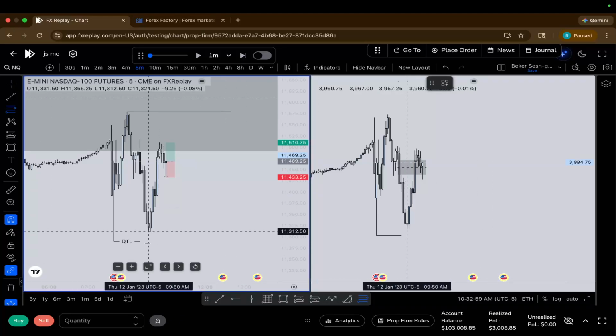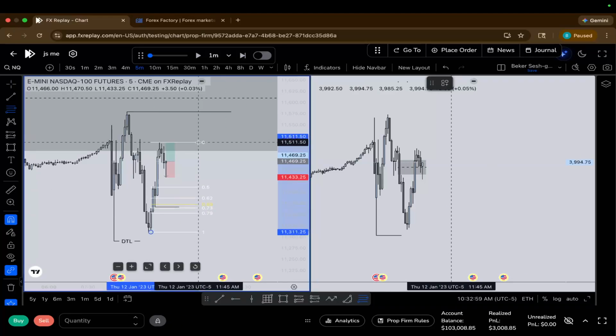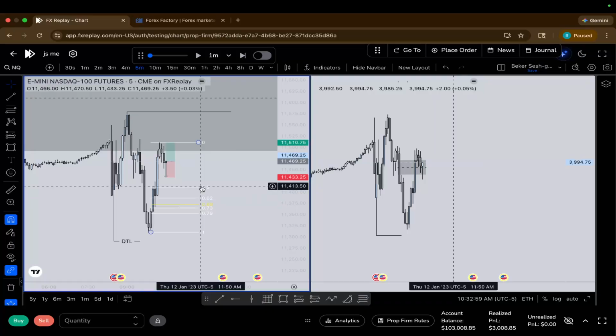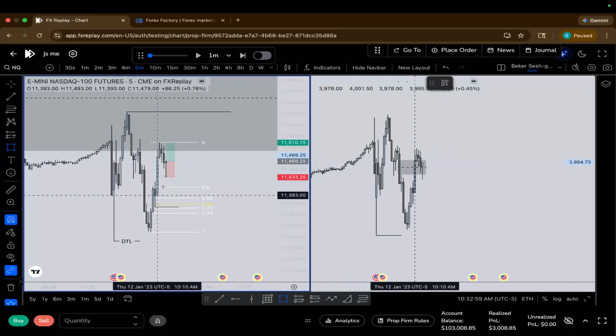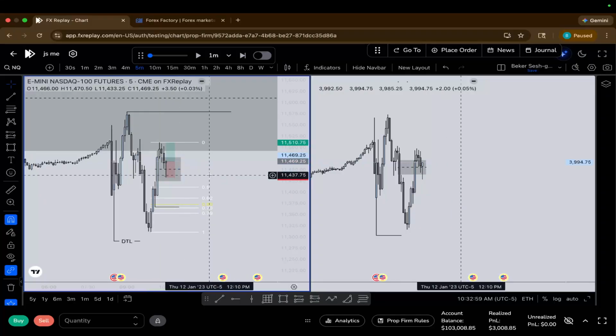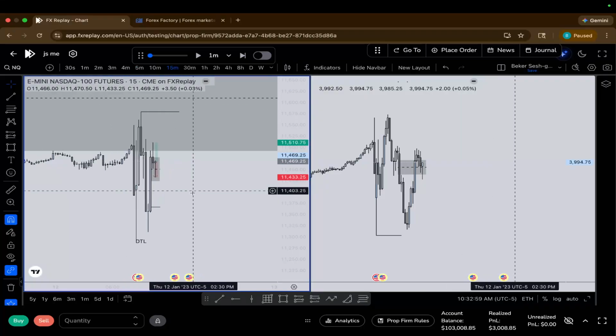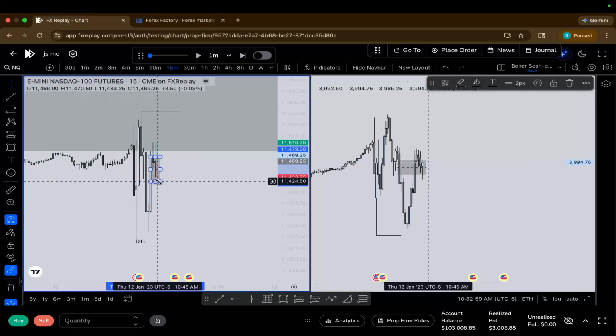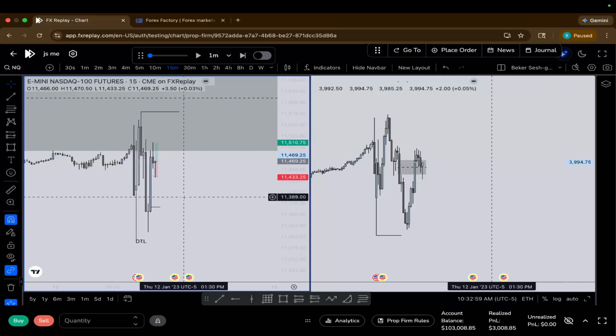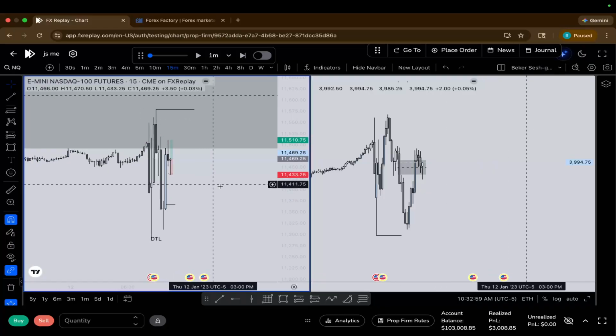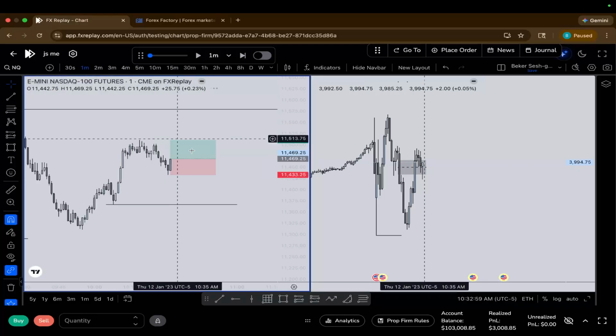We are a little premiumed. However, we are in a fair value gap. Okay, we are tapping into a 15-minute and 5-minute gap.